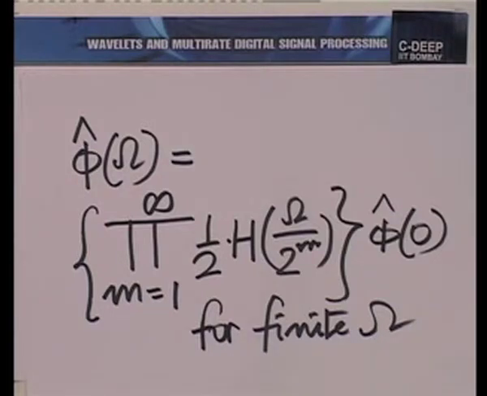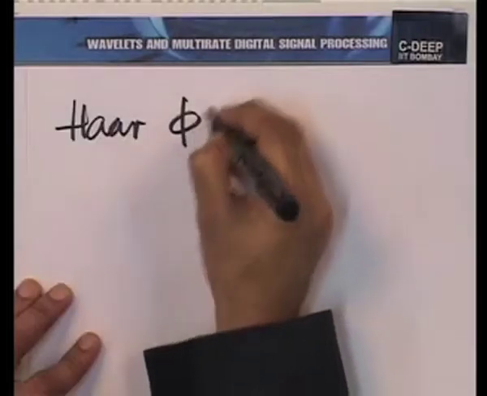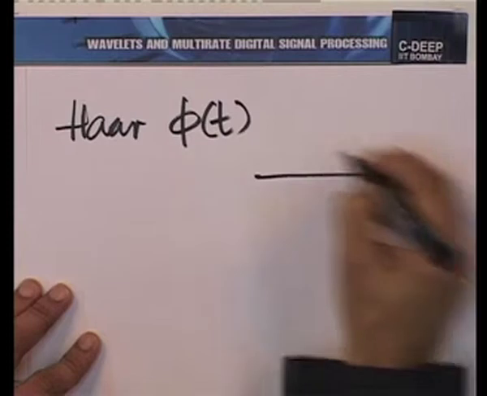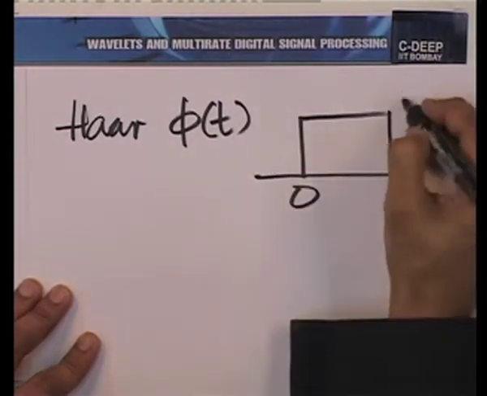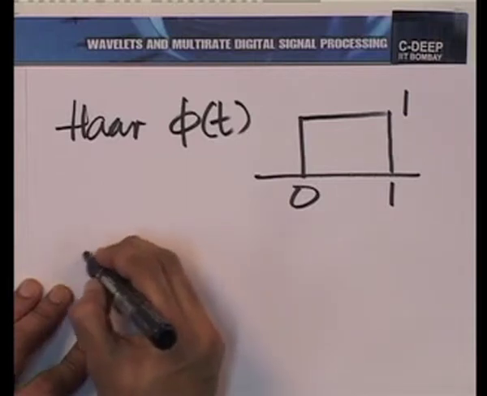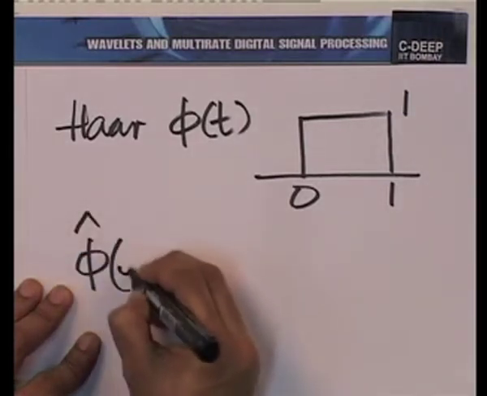You see, if you look at the Fourier transform of the Haar scaling function, for example, let us look at it. Let us look at the Fourier transform of phi t in the Haar context. Essentially, it is this. And the Fourier transform is easy to calculate.